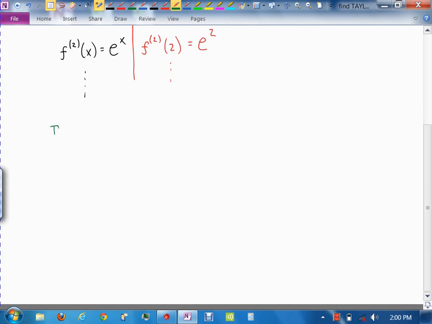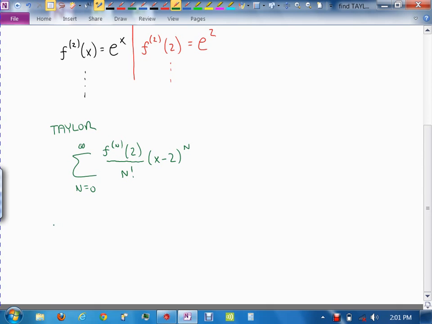So for Taylor, I have the sum n equals 0 to infinity, nth derivative at a, which is actually 2, isn't it? Over n factorial. What here, though? X minus 2 to the n.